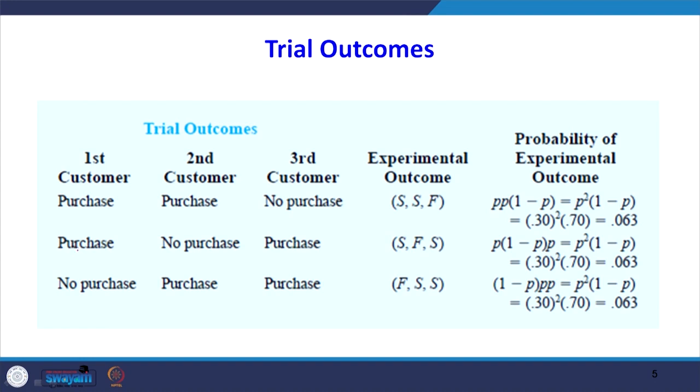For the second chance, the first customer may buy, second customer did not buy, third customer buys. So it is success, failure, success: P, 1 minus P, P, again P square into 1 minus P, 0.063. Third choice: no purchase, purchase, purchase, F, yes, yes. So 1 minus P, P, P. So it is P square 1 minus P, 0.063.